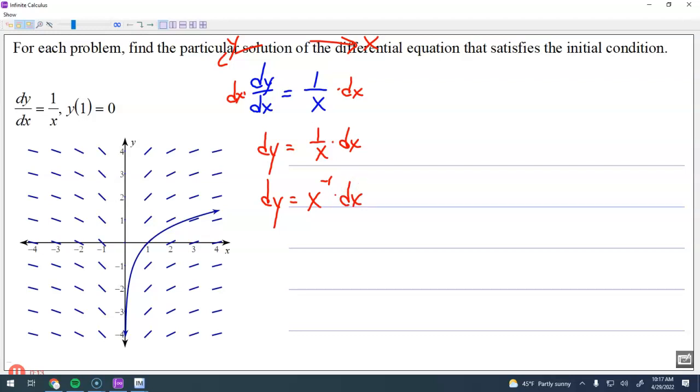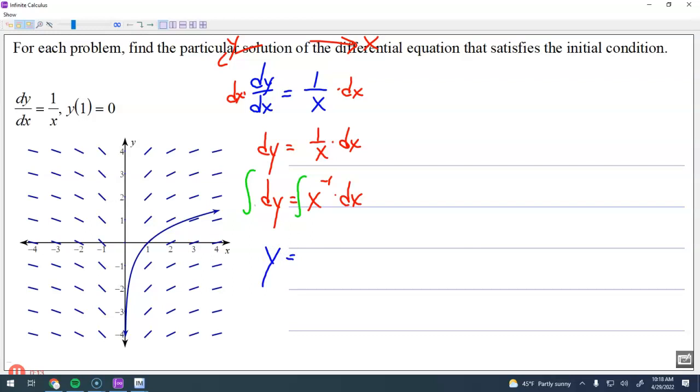Technically we're integrating both sides here too, we just normally wouldn't think about it that way. If I integrate that and integrate that, what's the integral of dy? It's really like a 1 here. What's the integral of 1 with respect to y? It's y.